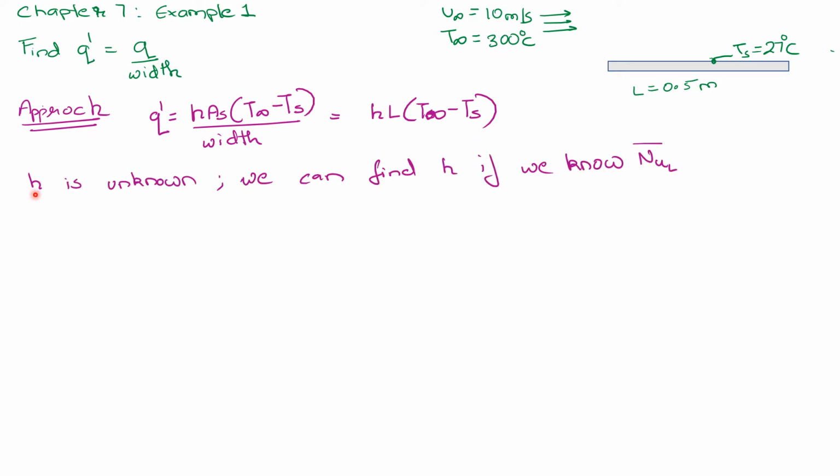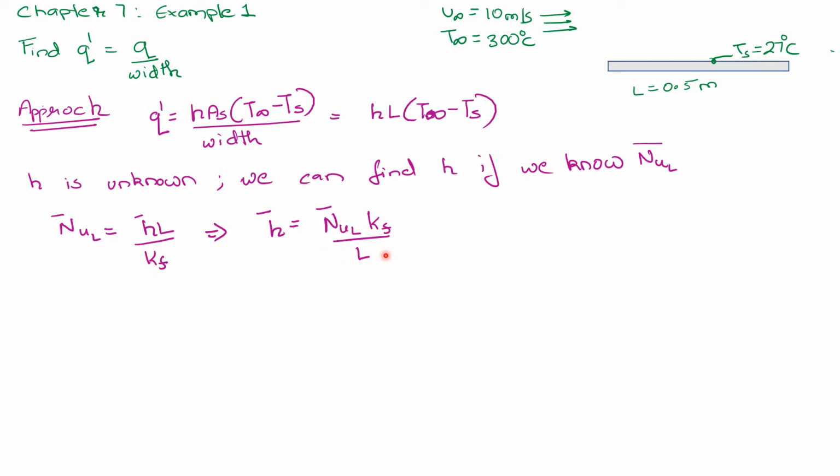You don't know what your h is, and you can calculate h using the relation between Nusselt number and h. That relation is the average Nusselt number with subscript L, because we want the heat transfer across the entire length of the plate. It is the average heat transfer coefficient multiplied by L divided by the thermal conductivity of the fluid, that's air.